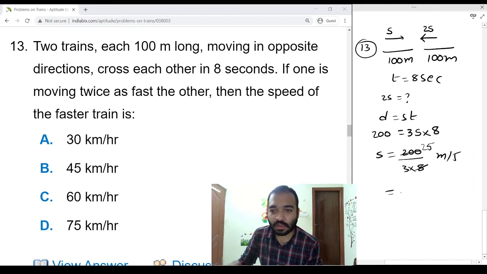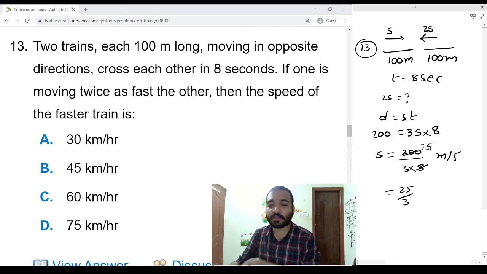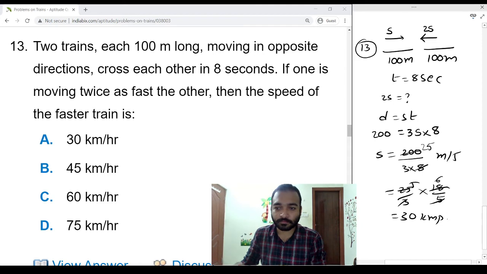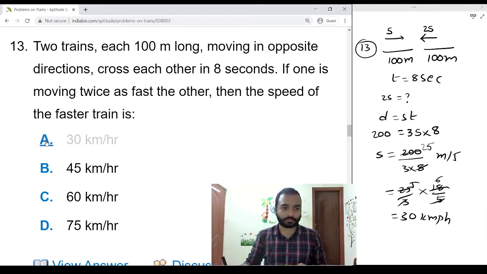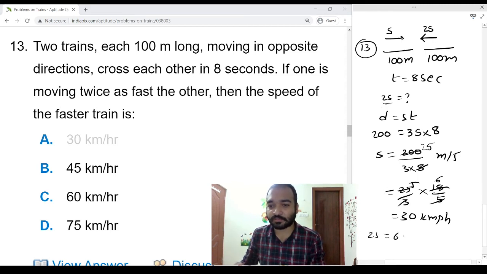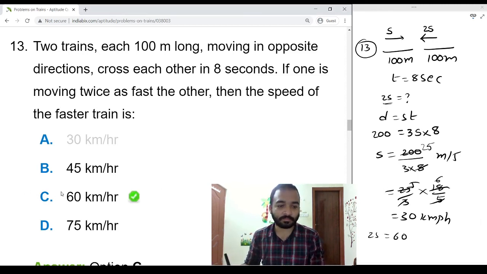We want the answer in kilometer per hour, so we need to multiply with 18 by 5. 5 times 6, so 30 kmph. Option A. So sorry, we need to find out 2s, not s. 2s is equal to 60 kmph. Option C.